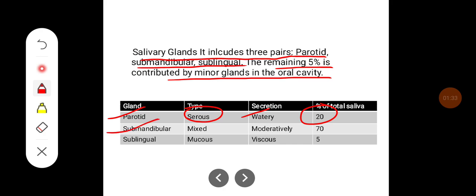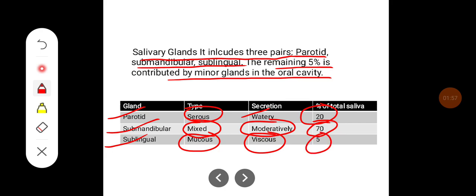Whereas the submandibular is a mixed type of gland, and the secretion is watery as well as thick, and it forms almost 70% of the total saliva secreted. Whereas the sublingual is a mucus type of gland, the secretions are viscous, and it forms 5% of the total saliva secreted.